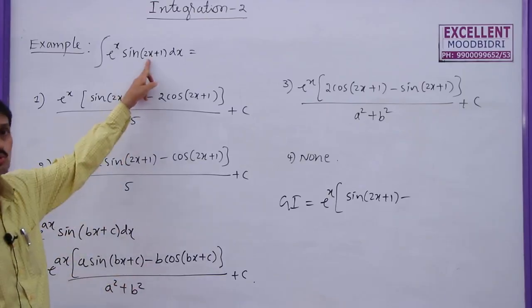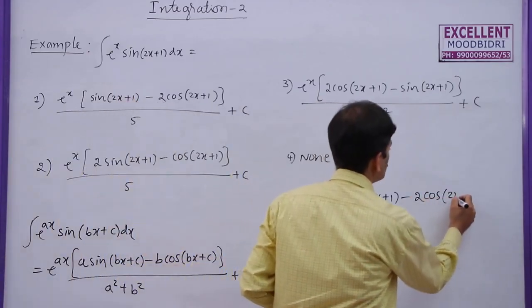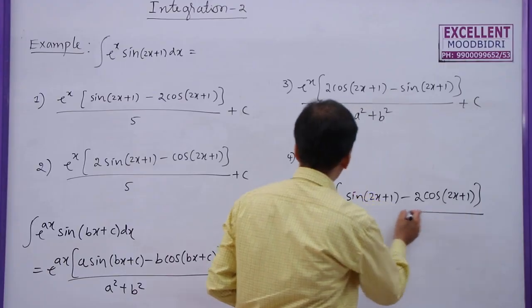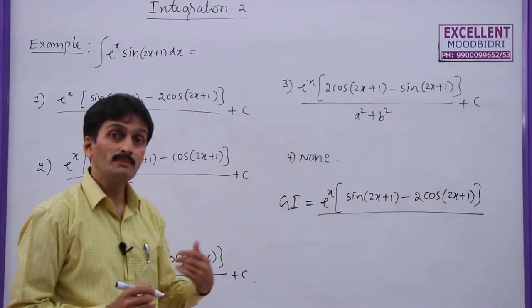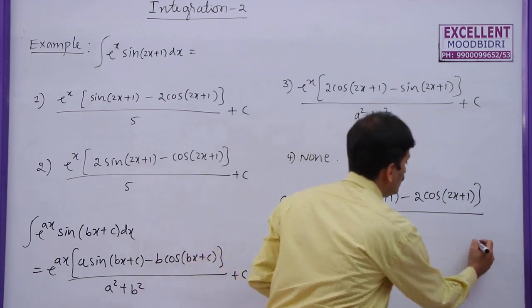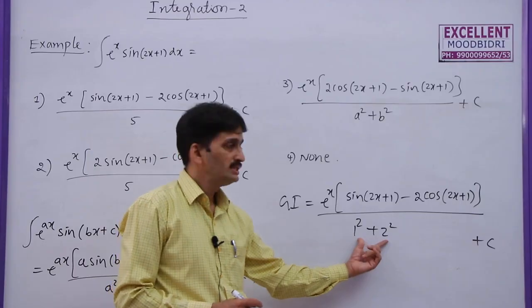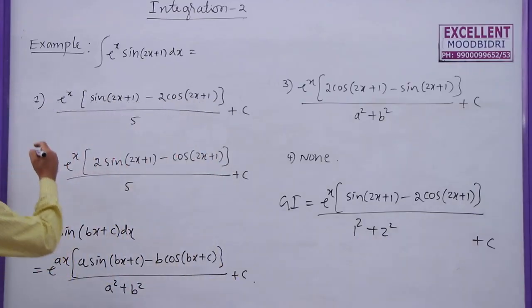B equals 2, so 2 into cos of 2x plus 1, whole divided by a square plus b square. A square is 1, so 1 square plus 2 square, plus c. So what should be the denominator? 5. That means the option is the first one.